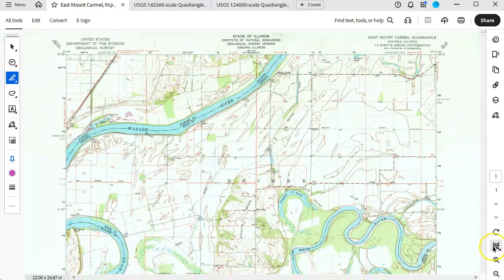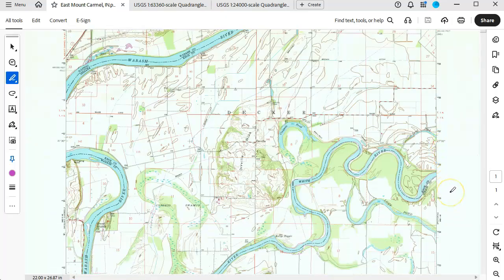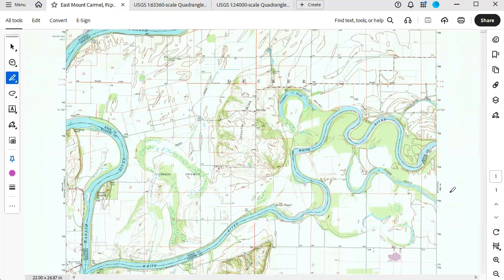So here is a map of the East Mount Carmel area of Indiana, of all places. And you can see the White River is meandering in its single channel a great deal throughout here. It's created, though, old meander cutoffs in the form of oxbow lakes here. There are also meander scars, like the cypress swamp area right through here.